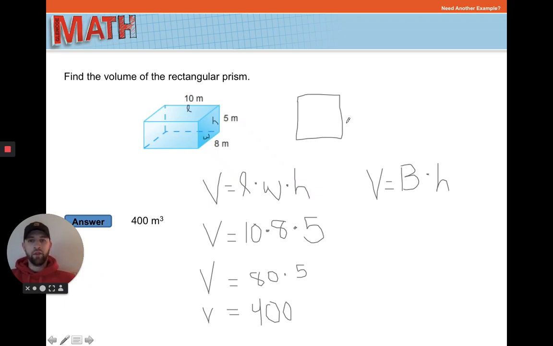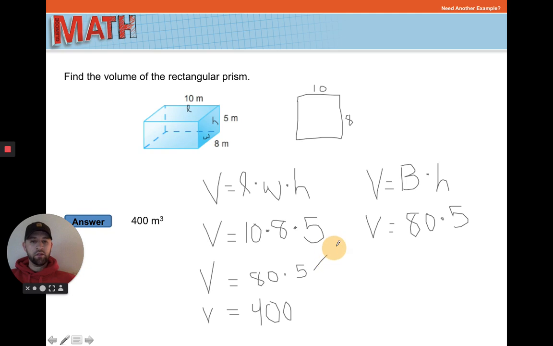The width over here on this side is 8, and then if you see up top here, it's still a 10. Okay, so the area of this shape, which is our base, is going to be 80. And then we're going to multiply it by our height of the shape, which again is 5.